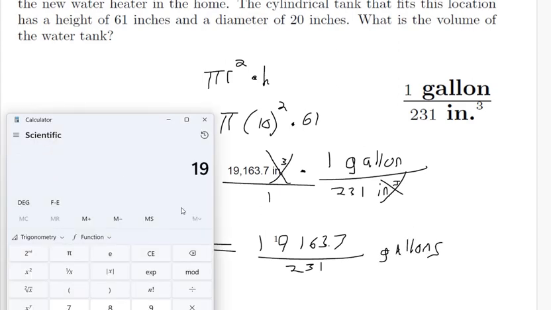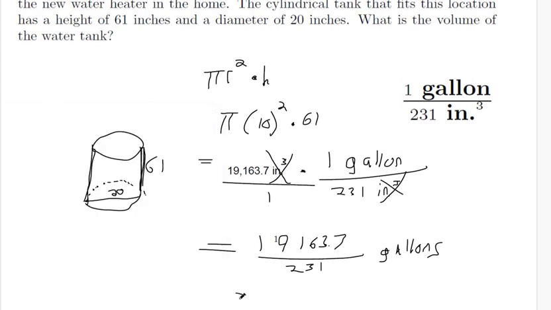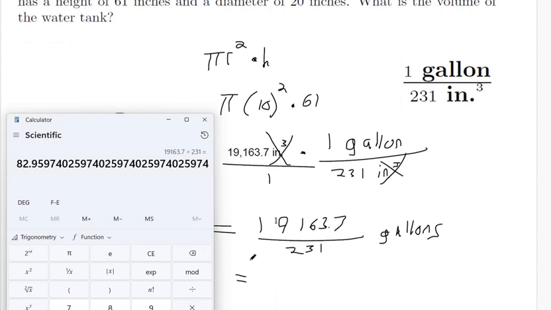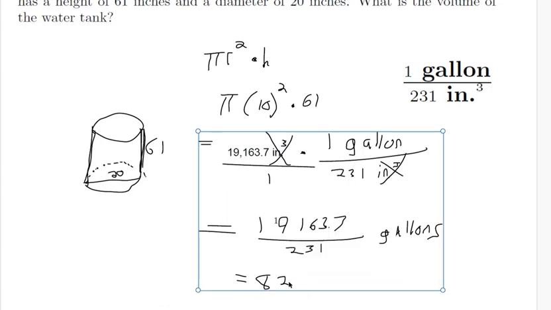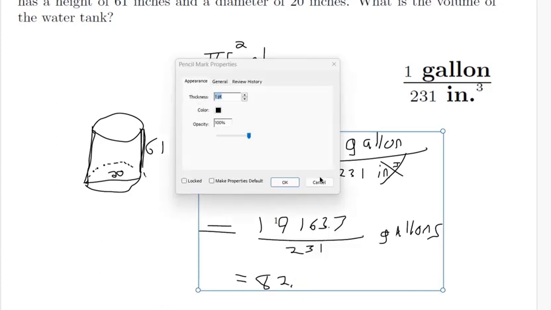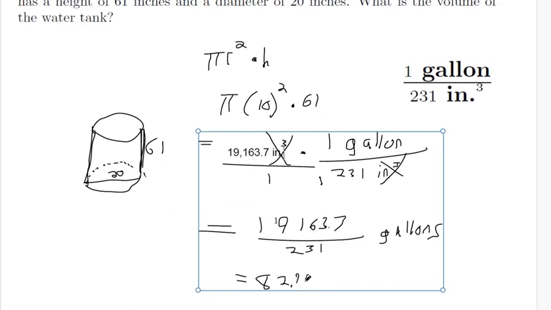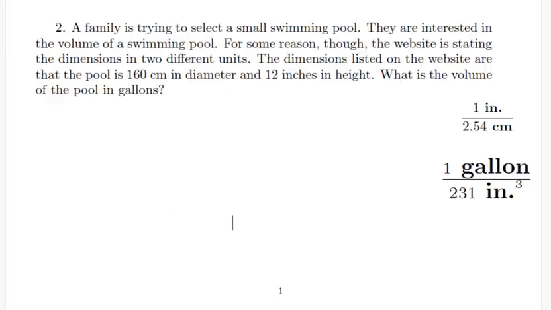And with our calculator, I hear you making fun of my handwriting. It's roughly 82.96 gallons. Okay, and that's it for question 1.